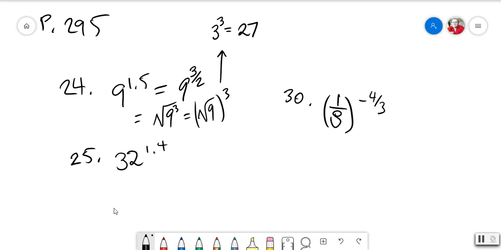32 to the 1.4 power. Well, 1.4 equals 1 4/10, which would be 14/10, which would be 7/5.